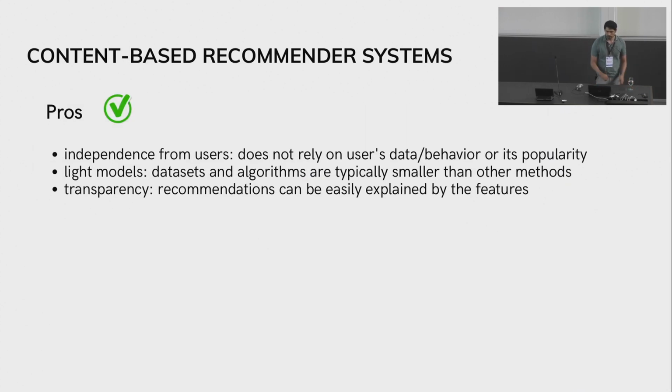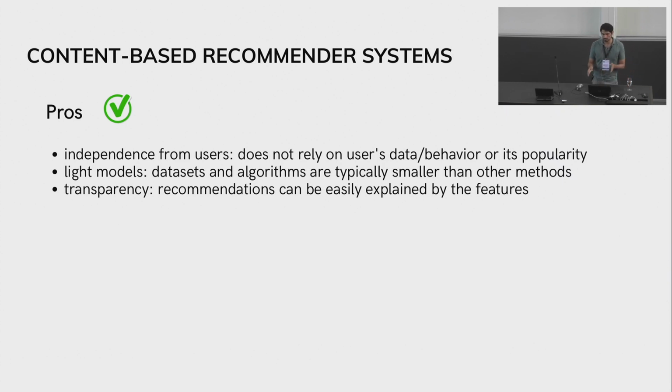So as I was saying, we're going to focus on content-based recommendation systems because they don't rely on users' data, and that means respecting their privacy in general, but it also doesn't depend on their behavior or the popularity of a given content. It's mostly about its relevancy.